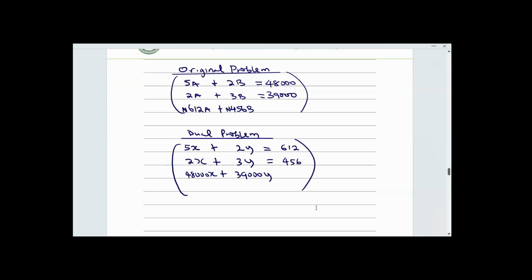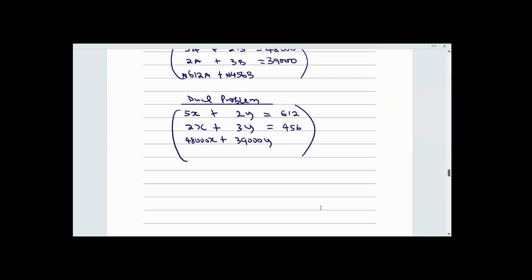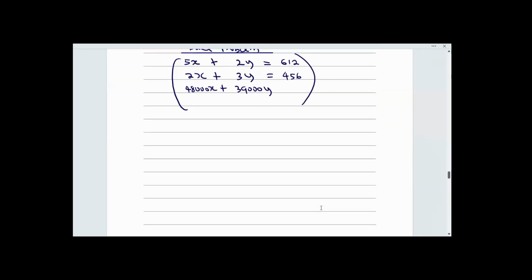The step says that after you have found the dual problem, you need to solve it using simultaneous equations. So solve the dual using simultaneous equations.